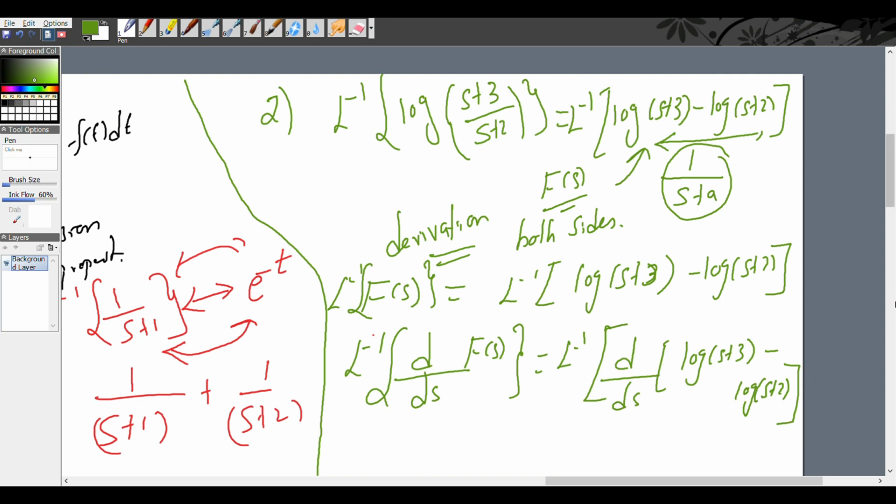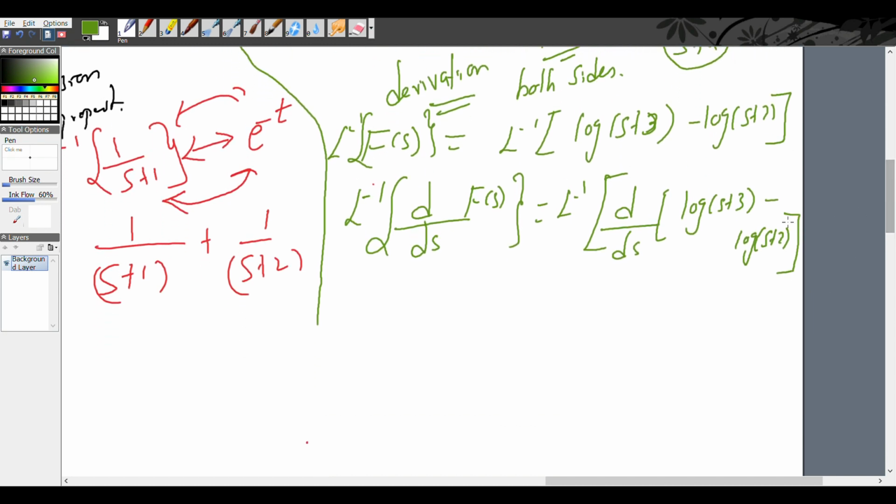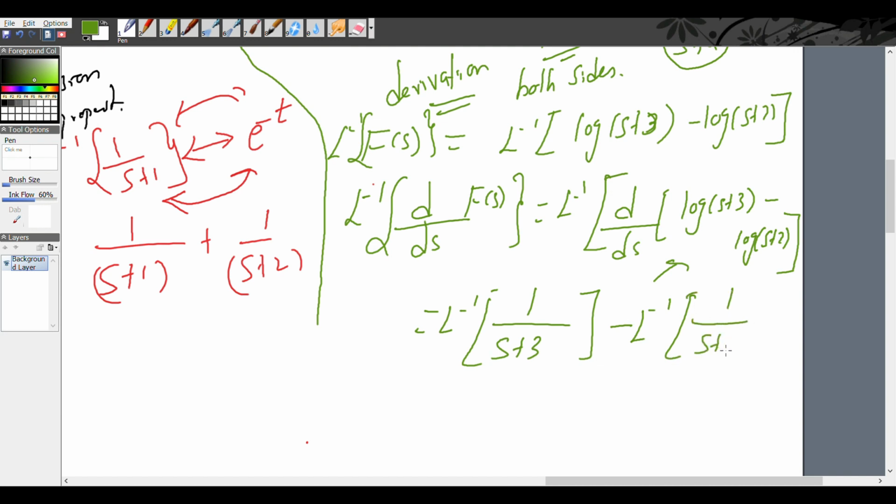So I told you the one time differentiation of log (s plus 3) is 1 by (s plus 3). So what I can do is L inverse of 1 by (s plus 3), I am using the superposition formula to split this into two, minus L inverse of 1 by (s plus 2).